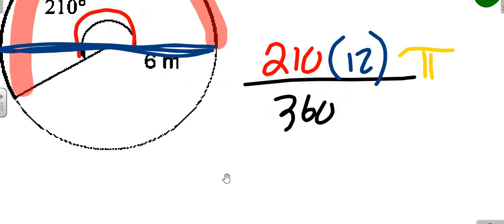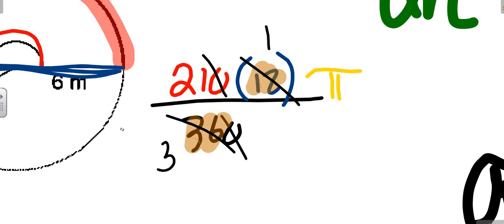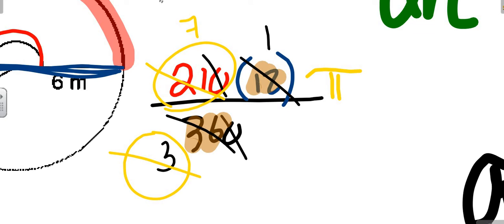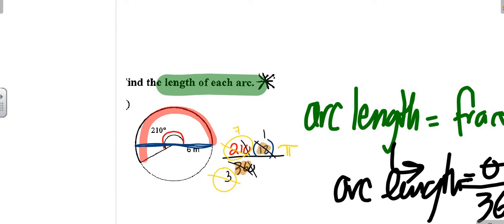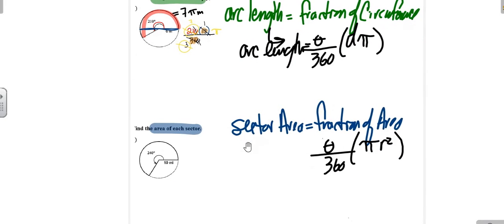Get in the habit of trying to reduce without a calculator. And your arc length here turns out to be 7 pi meters. Arc length is a fraction of the circumference. Sector area is a fraction of the area.